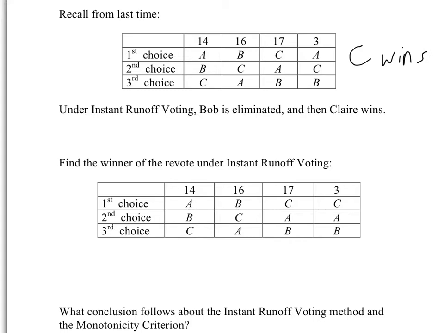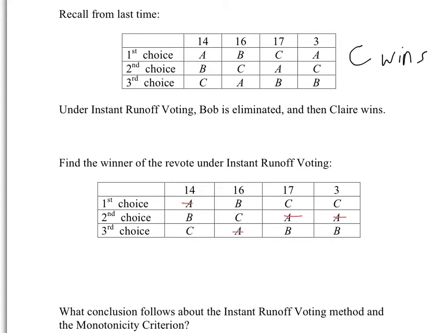So what happens when we now apply the instant runoff voting method to the new election? Well, now, in the first round, it is Anne who is eliminated first. It is Anne who has the fewest first choice votes.